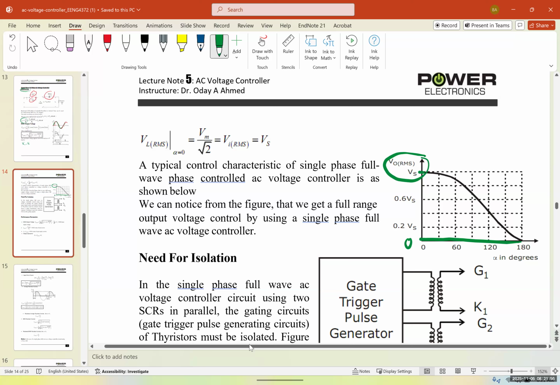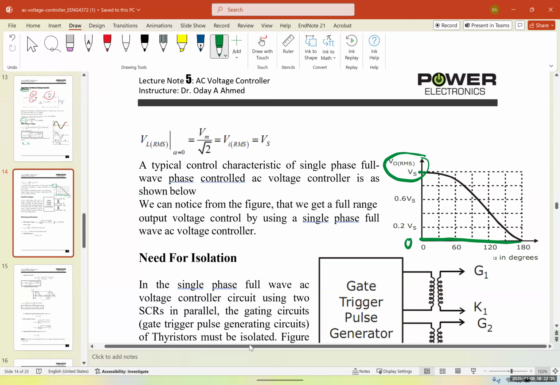For a half wave, it would alternate between what? 100% and 70% of Vs. But here, it goes all the way down to 0%. So we have better control. We don't have the DC problem. We have a little bit of that, but mostly we don't have any problem with being able to precisely control and have a wide range of control over the output.